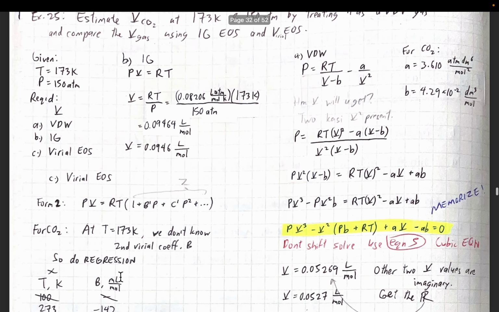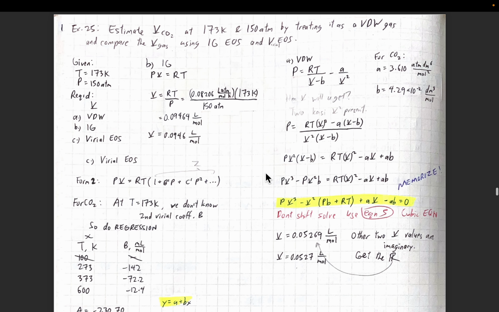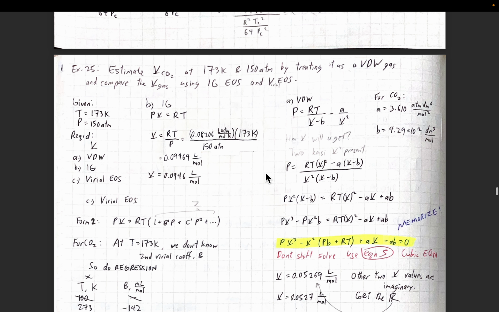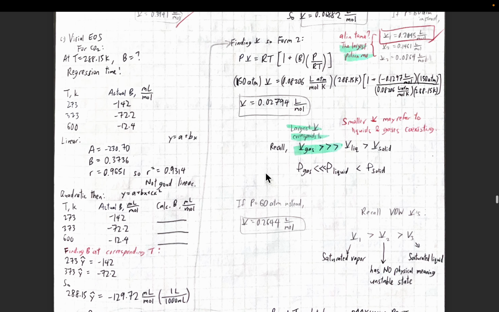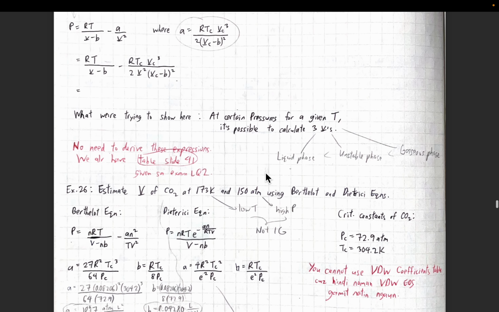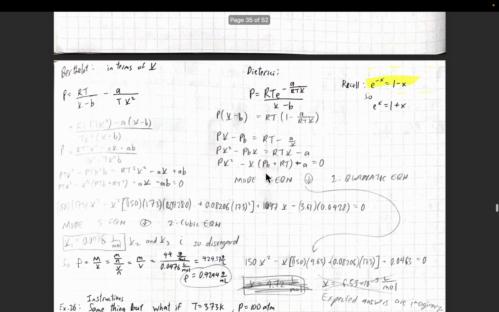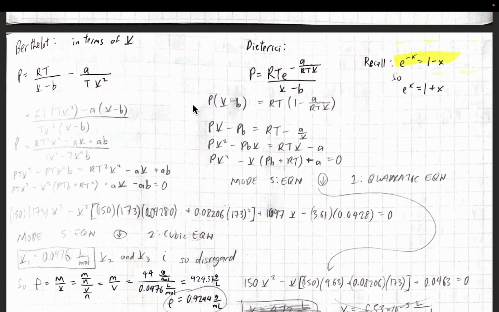So, yeah, these are practice problems for finding boil temperature, finding the molar volume, estimating it using a certain equation of state. So here we have two other equations of state, no?